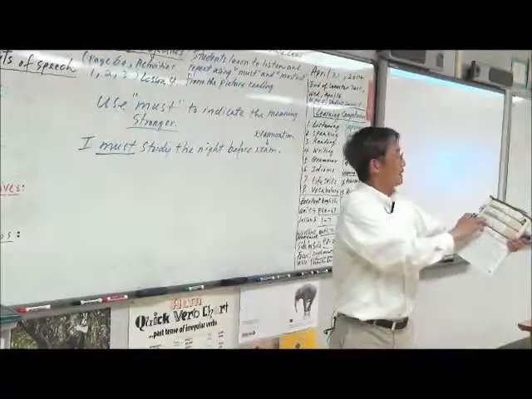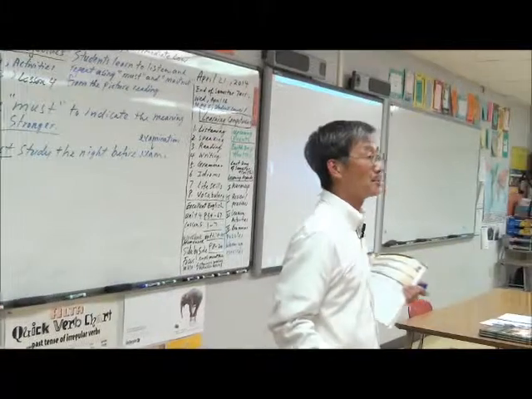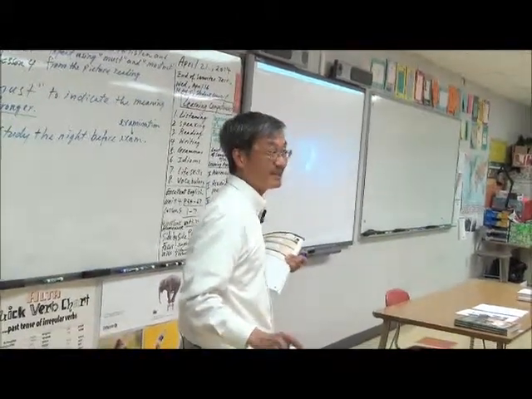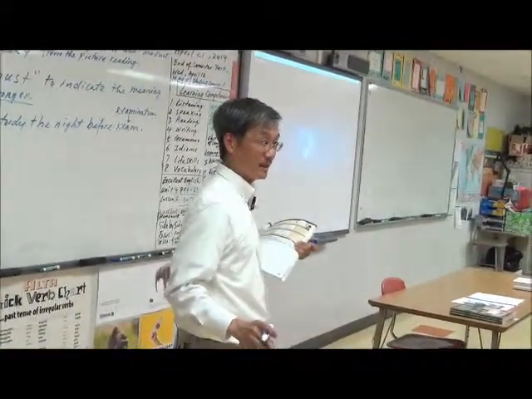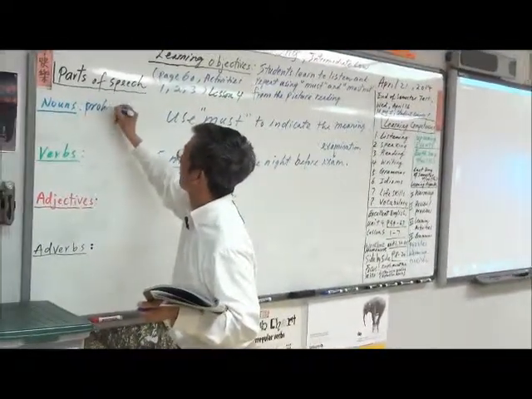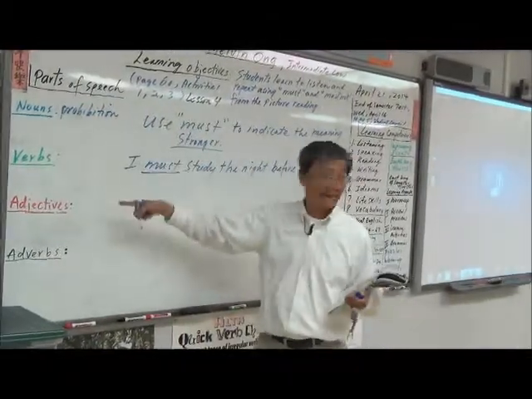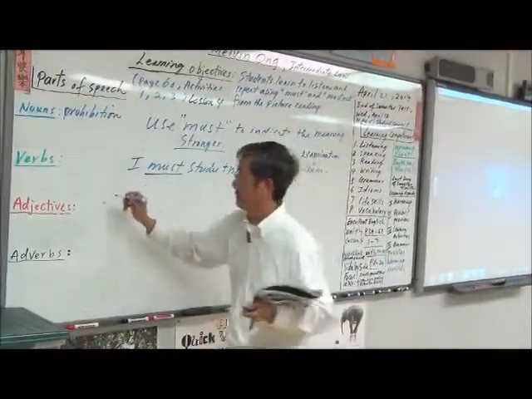So the chart in the middle here says must not and may not for prohibition. Anything is prohibited, right? Prohibition, by the way, is a noun. And the adjective is prohibited.